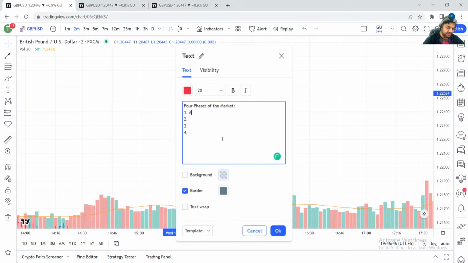The first one is accumulation. The second one is uptrend, or you can also call it markup. The third one is distribution, and the fourth one is markdown, or you can call it downtrend.